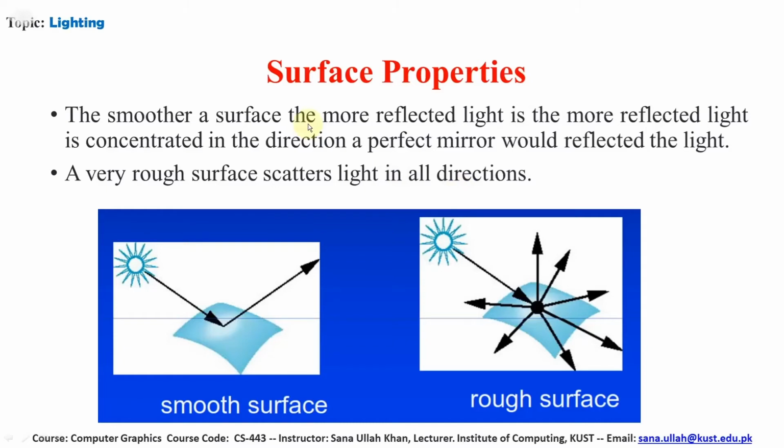So it is also important whether the surface is smooth, in which case the reflected light goes in the same direction. If it is a rough surface, then the light would be scattered in all directions, not only in one direction.